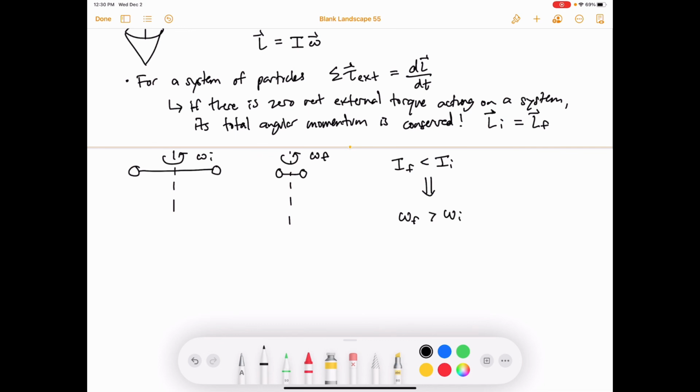That's just a consequence of conservation of angular momentum, because I times omega stays the same. In other words, the angular momentum is conserved. If we decrease the moment of inertia, we'll increase the speed of rotation in order to conserve angular momentum. Okay, that's just one conceptual example of this happening.